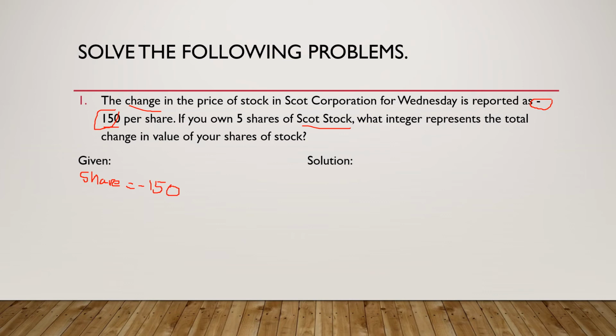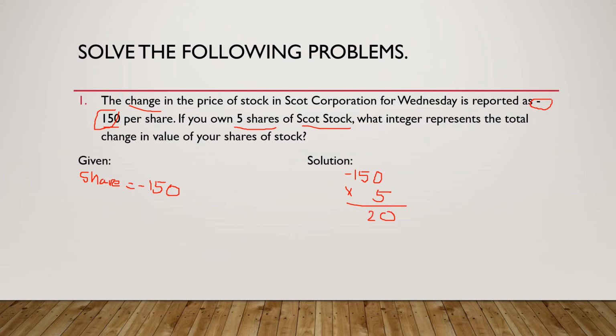Okay, so what will be our solution? If you own 5 shares of stocks, what integer represents the total? So, what are we going to do? We need to multiply. So, negative 150 times 5. Okay, we got 0. 5 times 5 is 25.